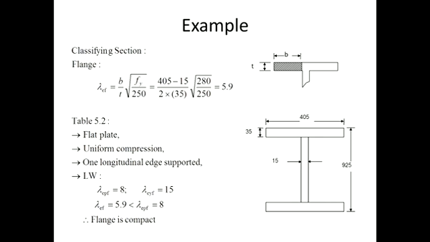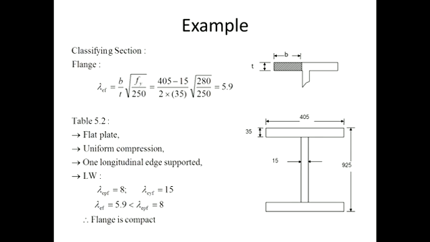So then we should be able to get these values. These are the limits. We should be able to get these limits from table 5.2. So for all the cases where we are looking at bending, for the determination of the values of lambda E, we have to use table 5.2.